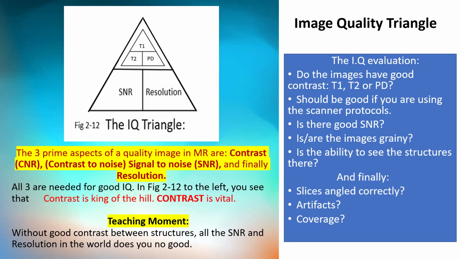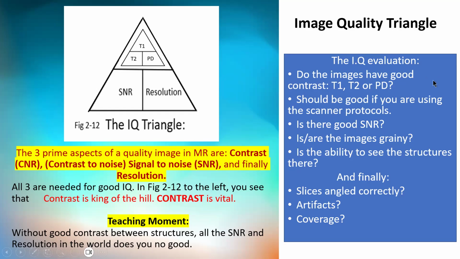So the three main factors here are image contrast, sometimes called contrast to noise, then signal to noise, SNR, and finally resolution. Our images need to have all three, okay? And obviously, contrast is king of the hill. Without good contrast, all the signal to noise and resolution doesn't do you any favors.